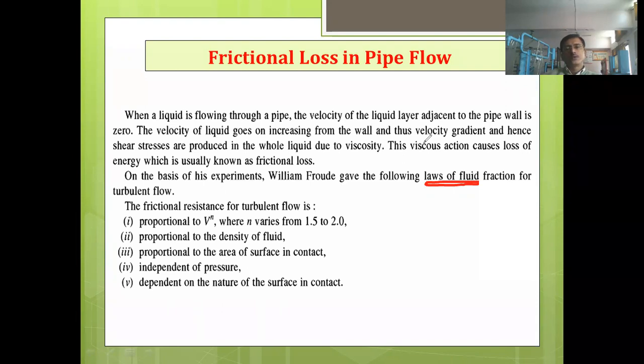The frictional resistance for turbulent flow is proportional to V raised to n, where n varies from 1.5 to 2.